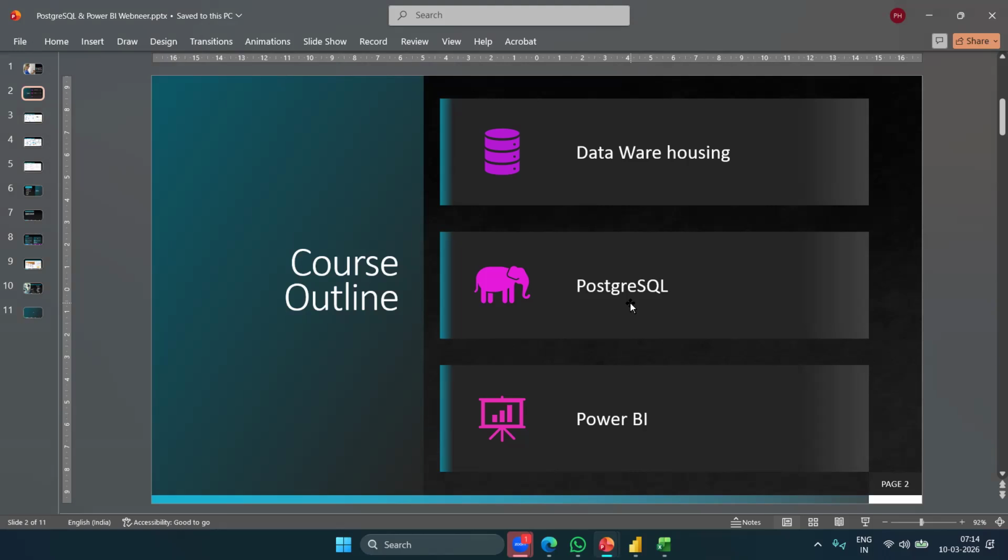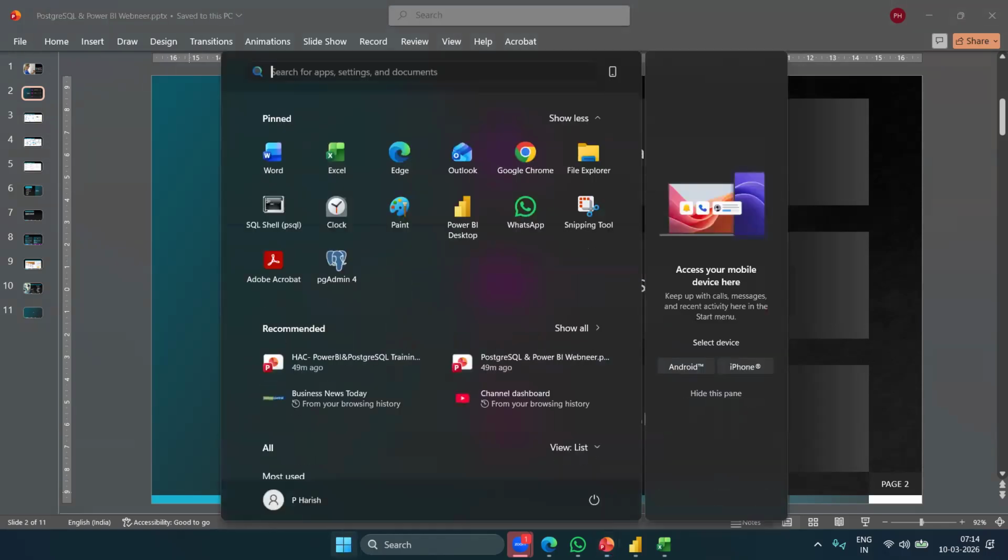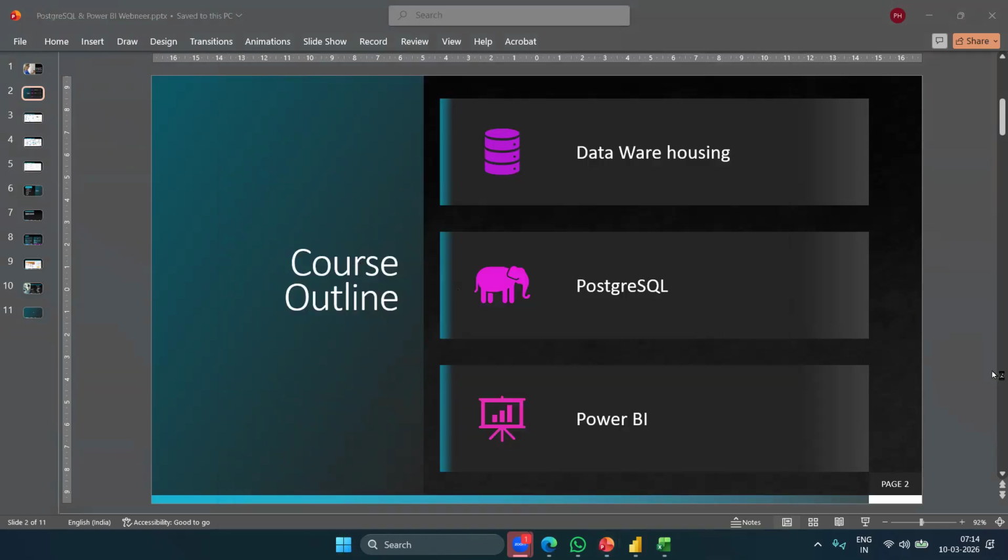But for students who are completely new to IT, learning Python or extensive coding is difficult, whereas SQL is a very simple and straightforward language.